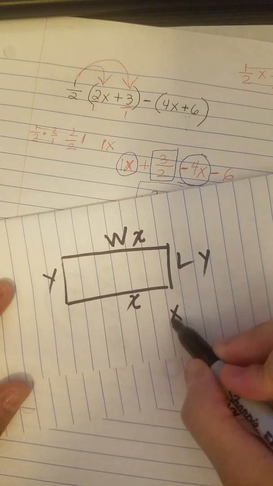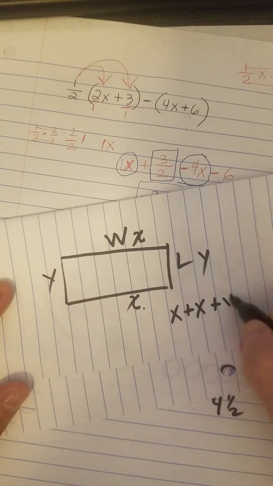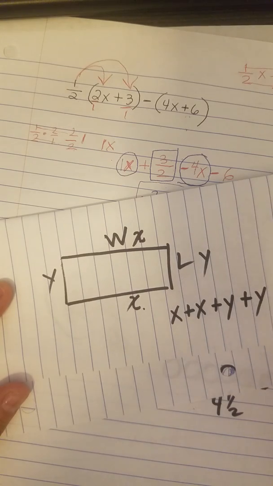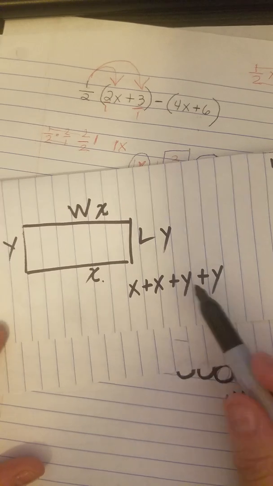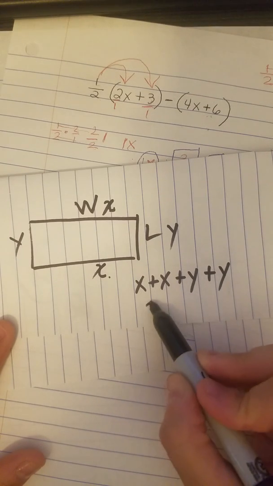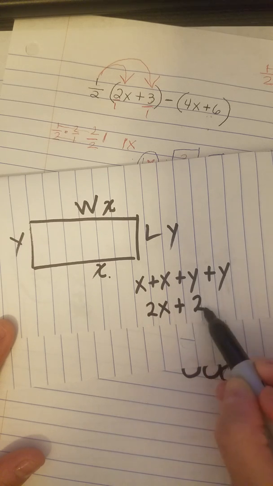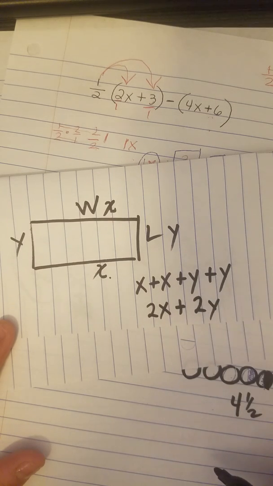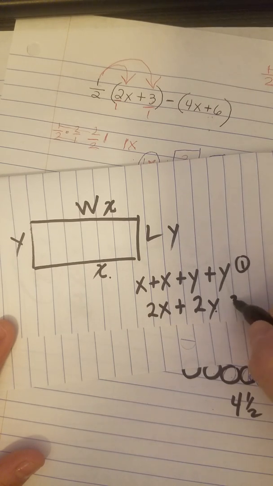You write x plus x plus y plus y. So in algebra, how can you write this expression? Well, I'll tell you. You can write 2x plus 2y. This is the same thing as this.